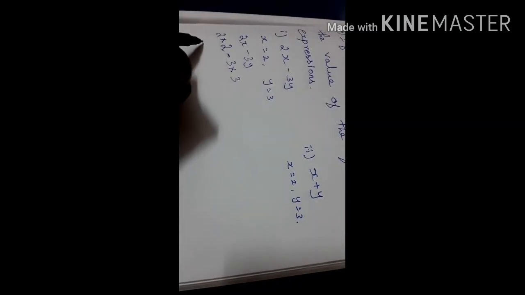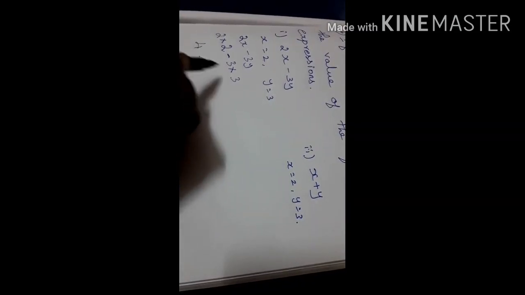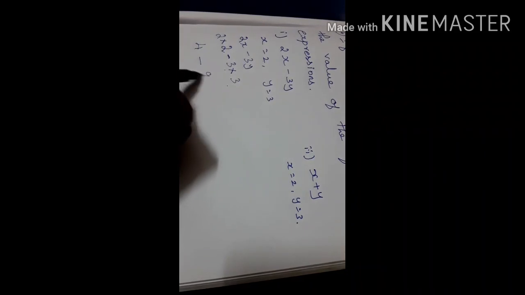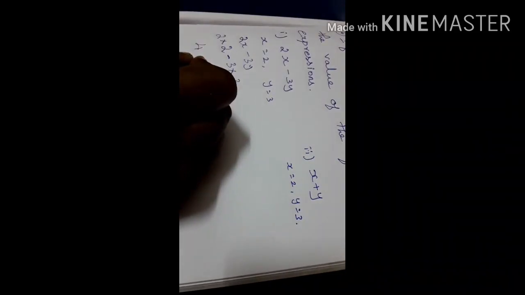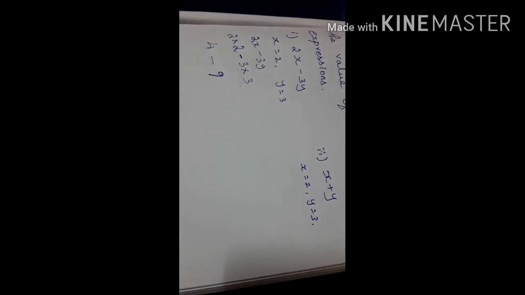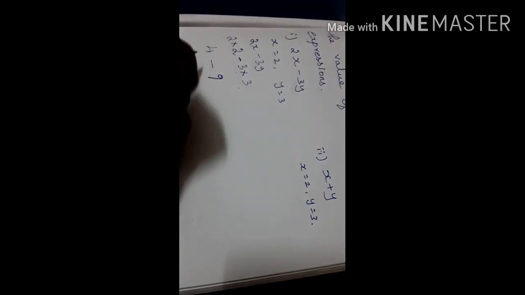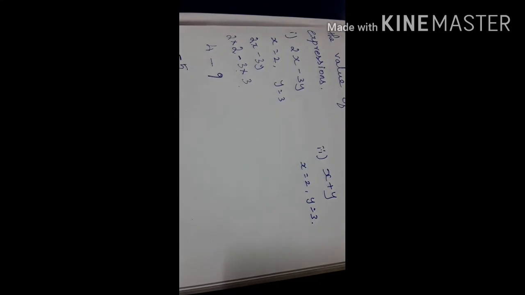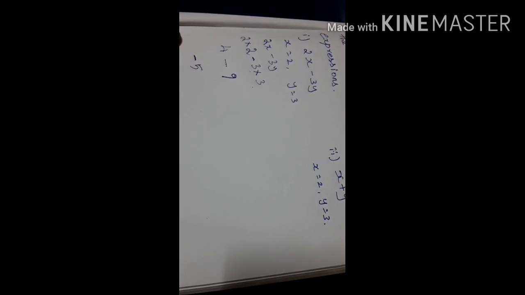Now 2 2s are 4, minus 3 3s are 9. Now you see 4 minus 9. What do we have to do? Yes, you have to subtract. 4 minus 9, what is the answer? 5. The greater number's sign is minus. So our answer is minus 5.